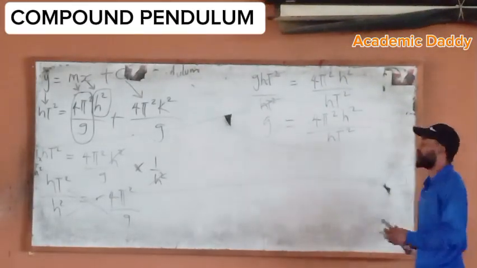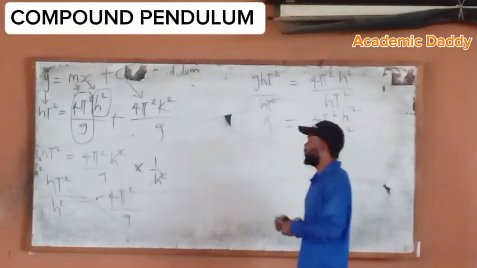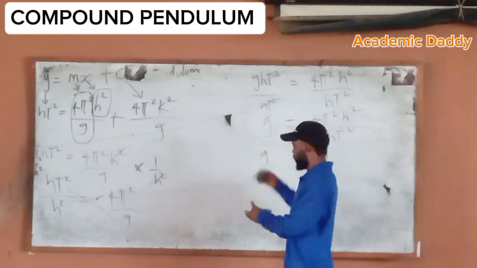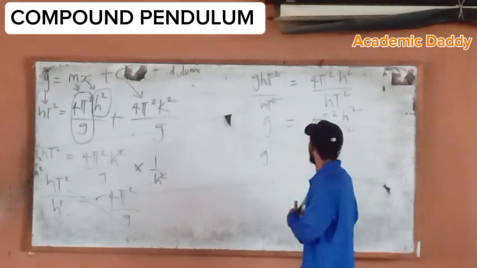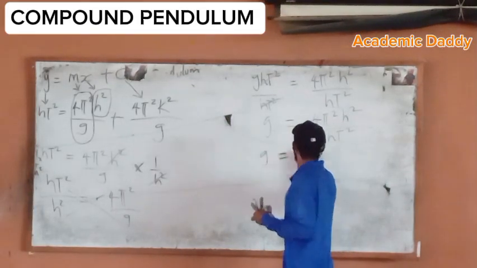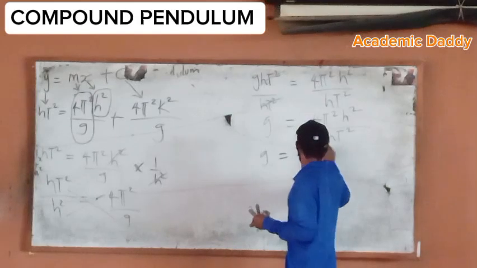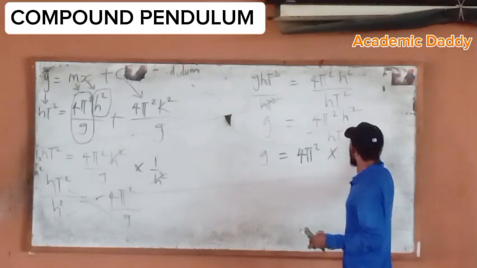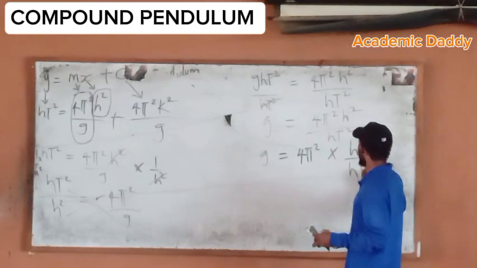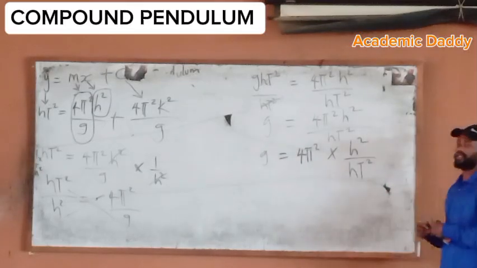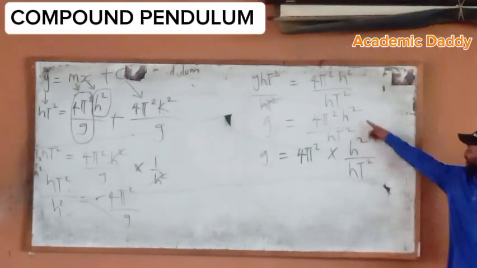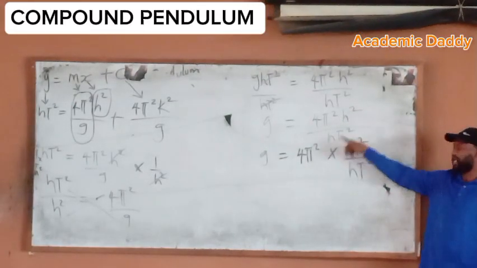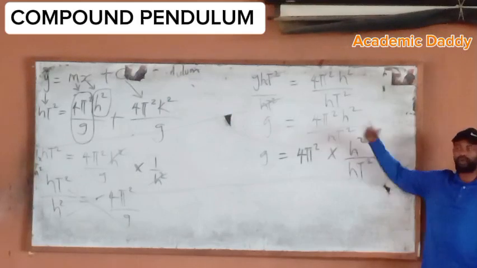Alright, please watch. Notice something. Notice that your G now is looking as it is, equals 4 pi squared times L over T squared. Are you noticing it? See, then I have L here, and I have T squared here for my G when I convert this.